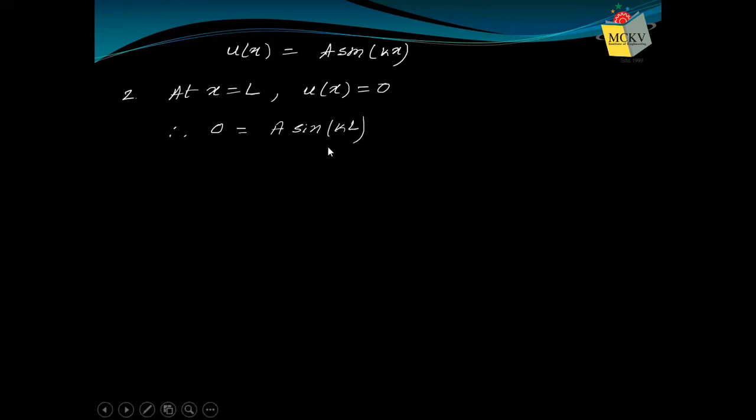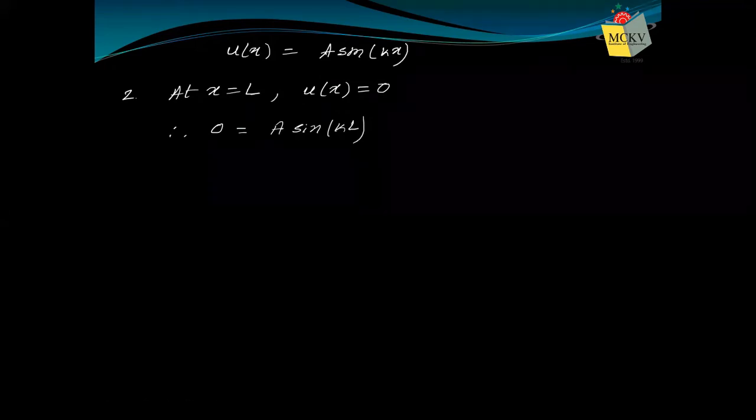So a sine kL is 0. What can I infer from it? Either a is 0 or sine kL is 0. Am I right? If I have a product of two quantities equal to 0, say a into b is 0, then either a is 0 or b is 0, or both are 0.